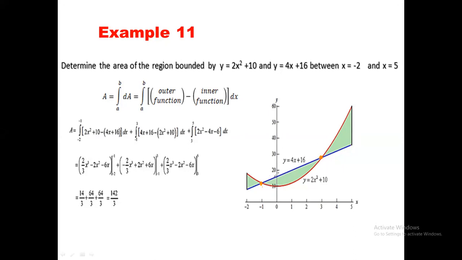If this is not given, or if it's not shown properly on the graph, what makes this more difficult is if the curve and the line are not plotted. This one is easy because the curve is already drawn, the same thing with the line. But if you're the one drawing the curve and the line, that would be an added challenge.